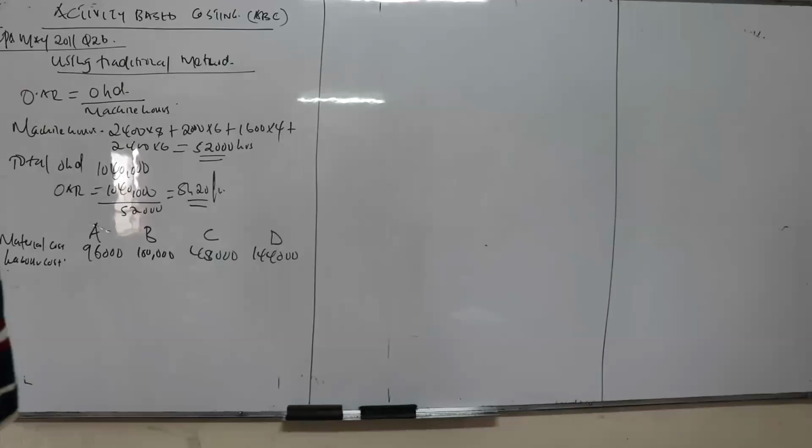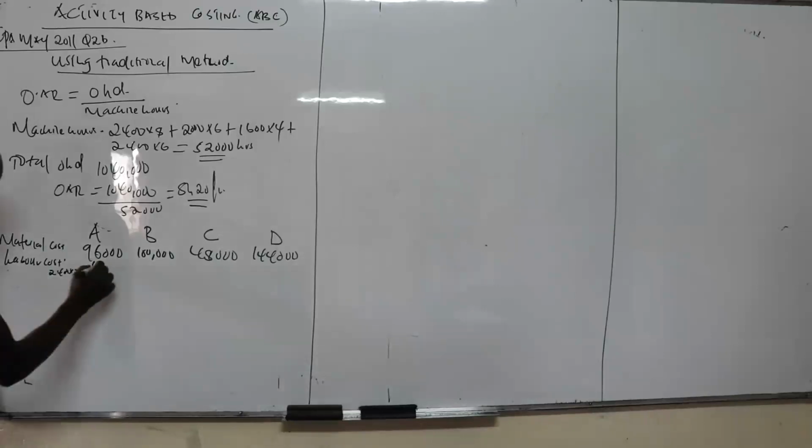So here you multiply 2,400 times 28. How much will that be? 67,200.